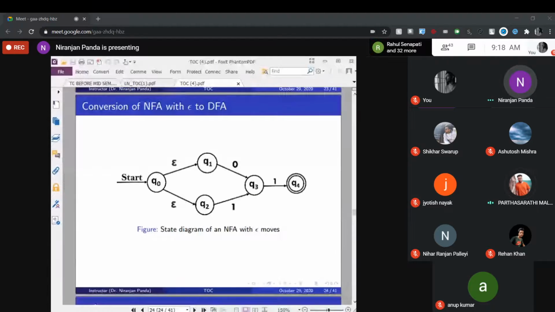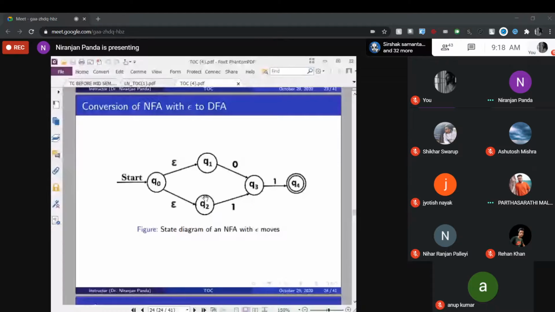As I told, the definition of epsilon closure is the state itself and the states which are reachable from it with the value of epsilon. Then for Q0, what will be the epsilon closure? Q0, the state itself. Then what are the other states which are reachable from it with a value of epsilon?